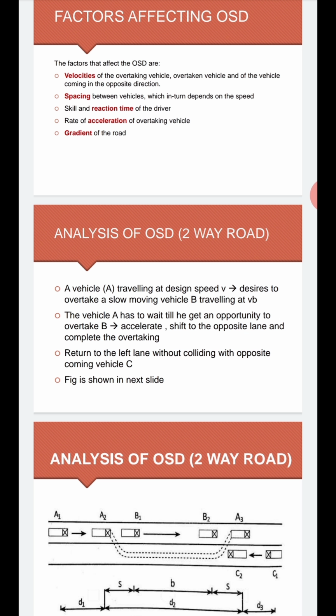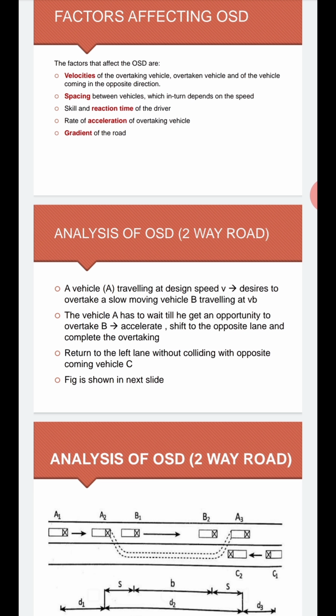Vehicle A has to wait until he gets an opportunity to overtake the slow moving vehicle B, and then he will accelerate, shift to the next lane and overtake, which we can see from A2 to A3.